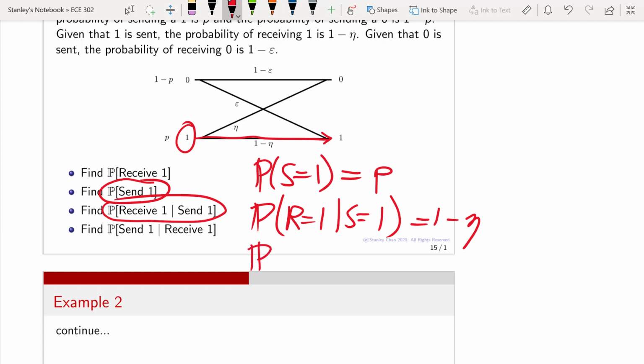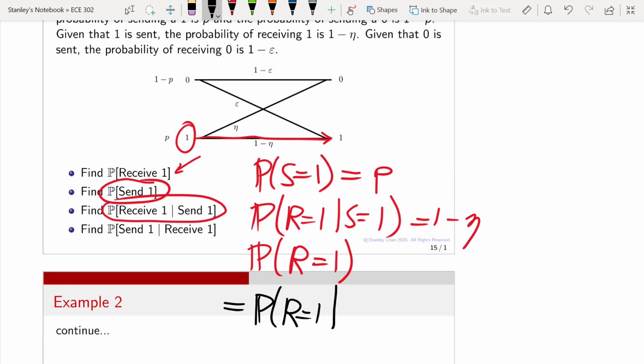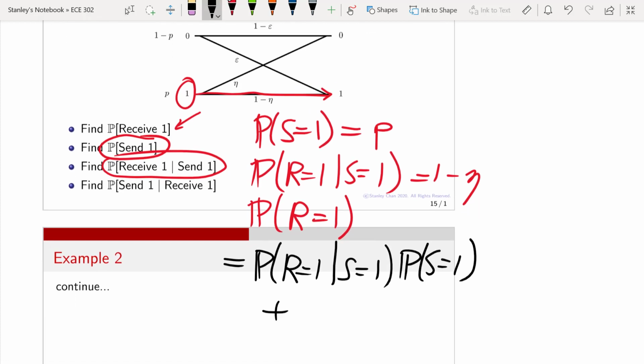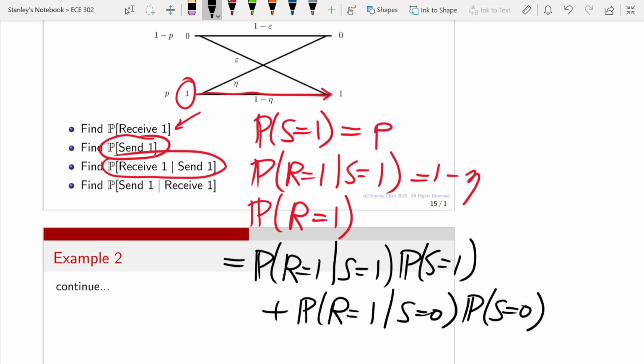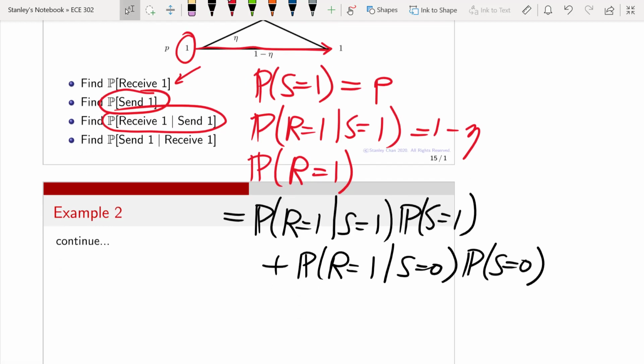And then what is the probability of receiving 1? To answer this question, we know that the probability of receiving a 1 can be written as the probability of receiving a 1 given that you send a 1 times the probability of sending a 1, plus the probability you receive a 1 given that you send a 0 times the probability of sending a 0. This is the law of total probability, and we have all these numbers.